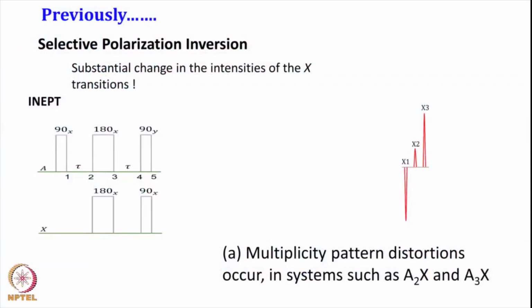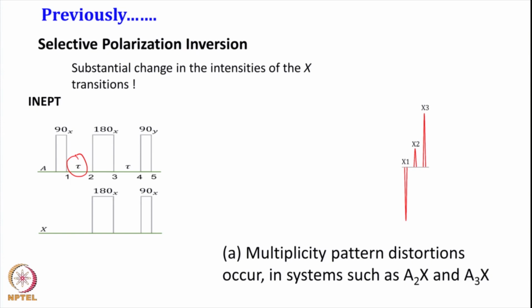Then we looked at another method called INEPT, where we are transferring the polarization from A spin to X spin with the help of a series of pulses. We were starting with a 90-degree pulse, then evolving the magnetization for a tau period, where tau is 1 by 4J, and then applying simultaneous 180-degree pulses on A spin and X spin, then again evolving for a tau period, which is again 1 by 4J.